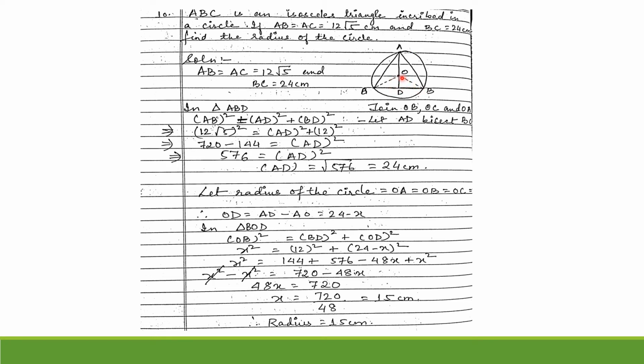We know that the radius is x. OD we got as 24 minus x, and since we already know that the chord, that is BC, is equal to 24 centimeters, half of 24 is 12, so BD is 12. Substituting the values, we got the radius as 15 centimeters.